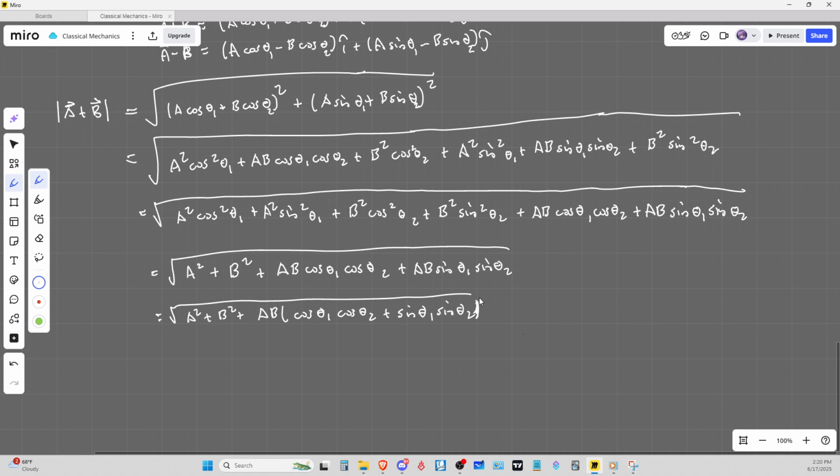So now we're in this situation. The question is, what can we do about it? Because I don't think there's a trig identity that relates to this type of scenario.